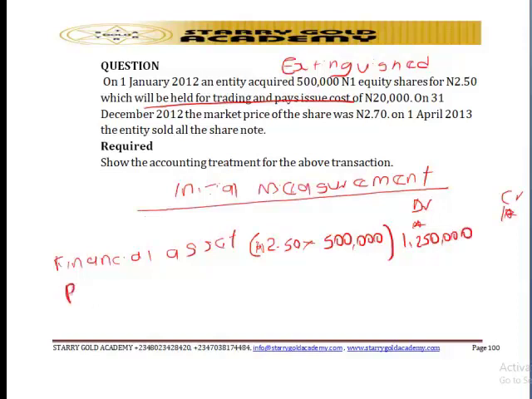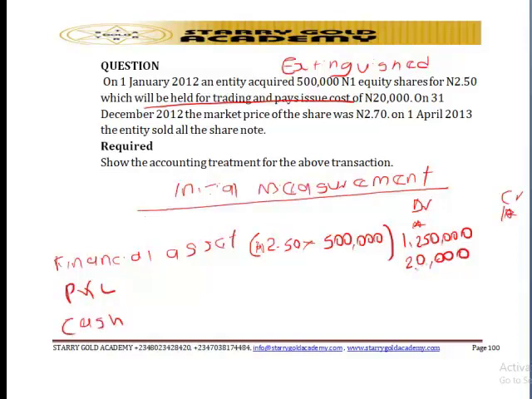Now P or L: the incurred issue cost, which we have been told to capitalize, sorry, we are not capitalizing it anyways. Pay attention to this. The shares will be held for trading, so we are not capitalizing it. We are going to expense it to P or L. So that's 20,000. That's why I wrote P or L. So cash, we have paid cash.